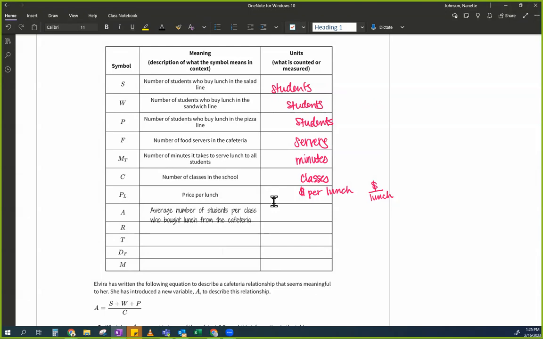It's not just students, because here it's the number of students, the number of food workers, the number of minutes, the number of classes. You can literally pull the units from here. S was students, right? So what's a student plus a student plus a student? More students, correct? So all of this up here is students.